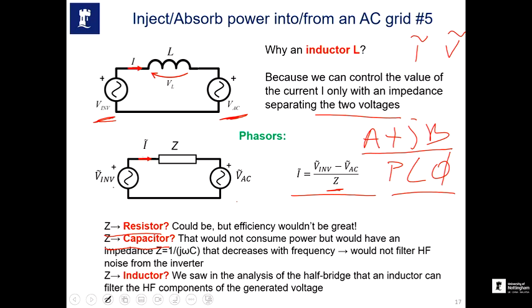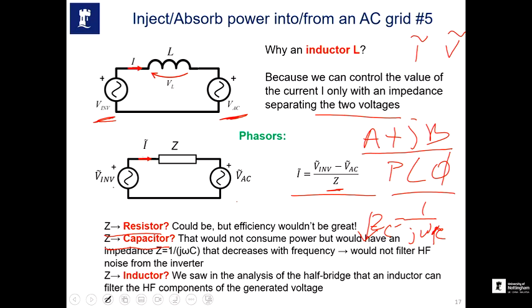It will not do the filtering job, right? Because you remember the capacitor impedance ZC is 1 over j omega C, which means when omega increases, if the frequency is increasing, the ZC goes down. So if the impedance decreases at high frequency, it will not be able to filter out the high frequency component.